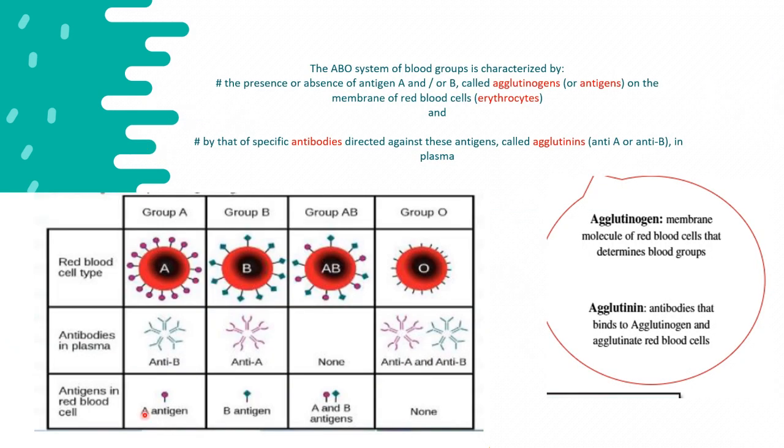As we talked before, we have four blood groups: group A, group B, group AB, and group O. Here are the antigens, and these are the antibodies.